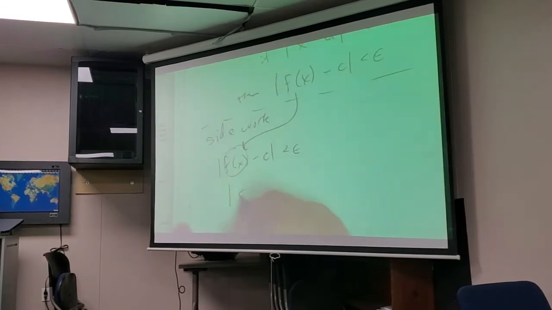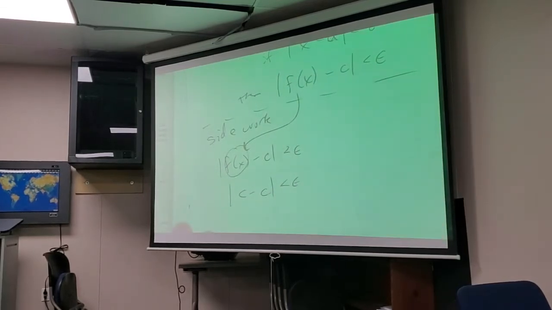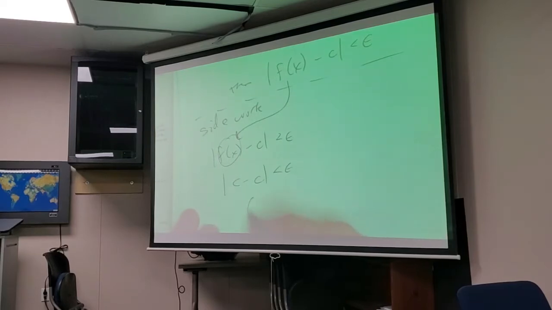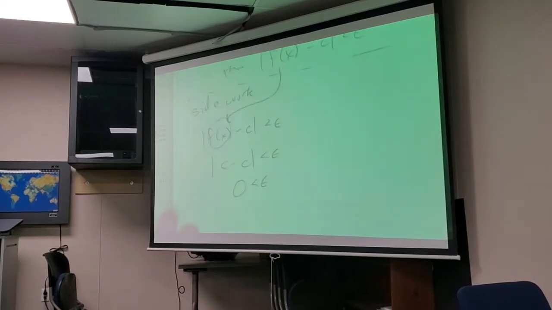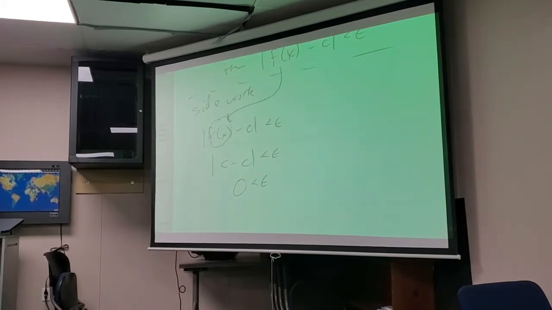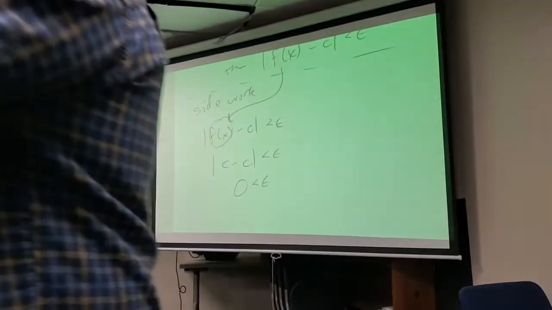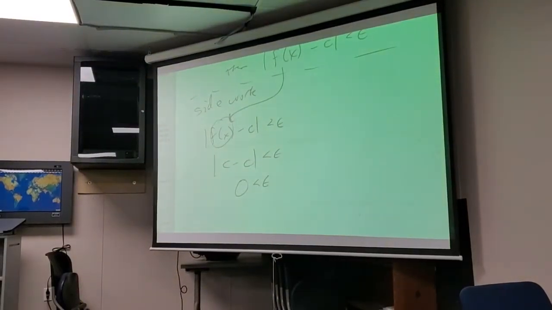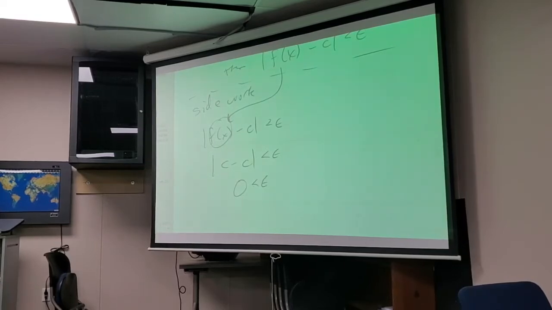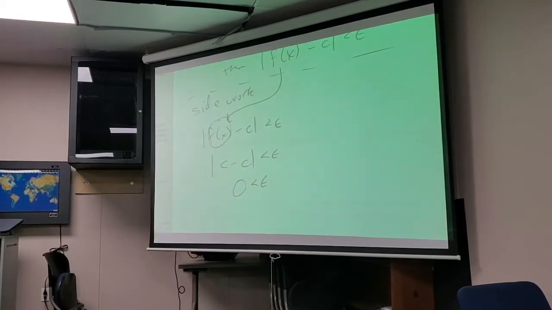C. And this is that 0 I said, right? So you get this. Is that ever not true? What is epsilon? What's the only thing we know about epsilon? It's greater than 0. Is that ever not true then?